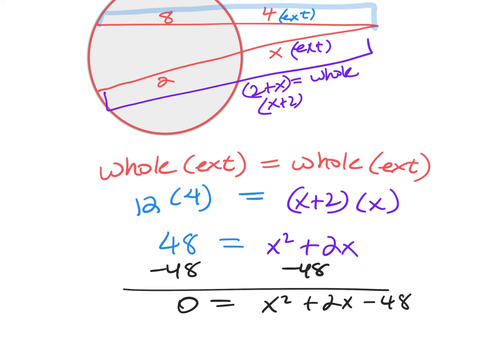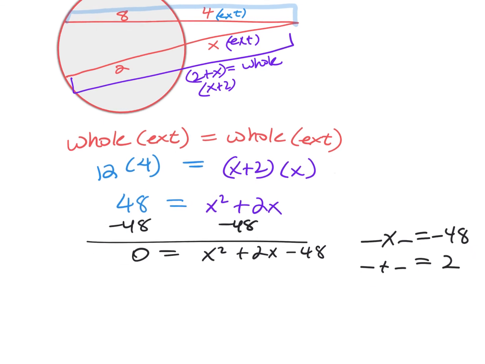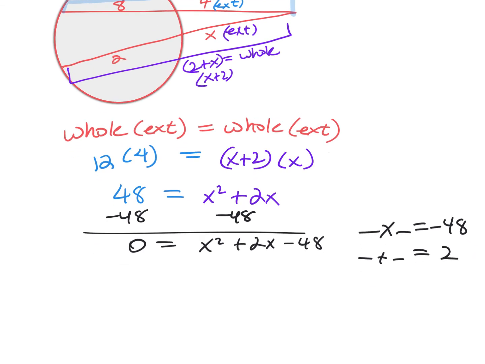And now I have a trinomial that needs to be factored. So factors of negative 48 that when I add them give me 2. So this is going to be positive 8 and negative 6.